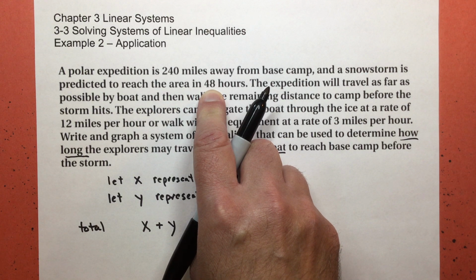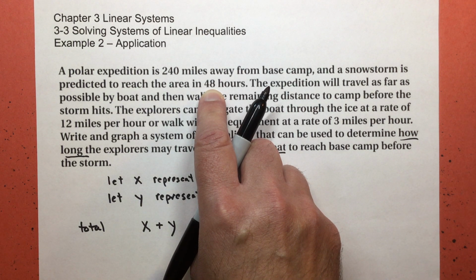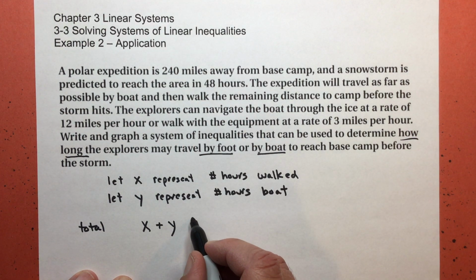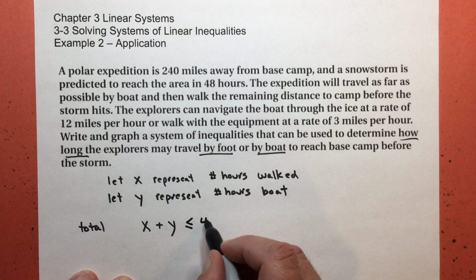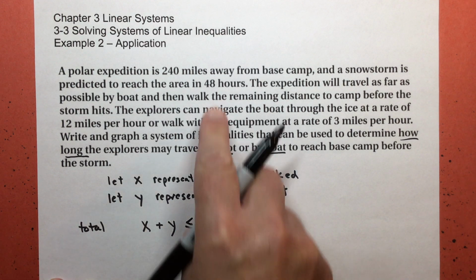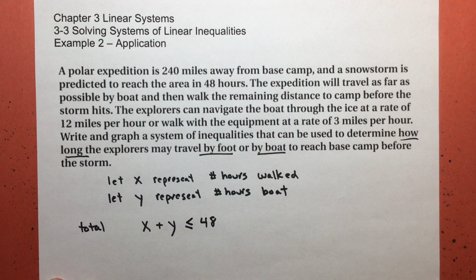It means that it could be less than 48 hours, but not longer than that. All right? Now, a little bit of an aside. I don't think that meteorologists are that accurate, but we're just going to go with it, okay? So this is going to be less than or equal to 48. That's my first inequality. The total amount of time has to be less than the 48 hours they have until the storm hits. Pause it if you need to, rewind it if you need to.